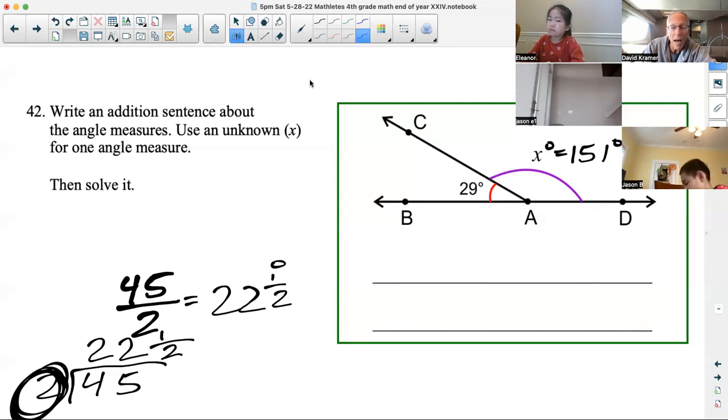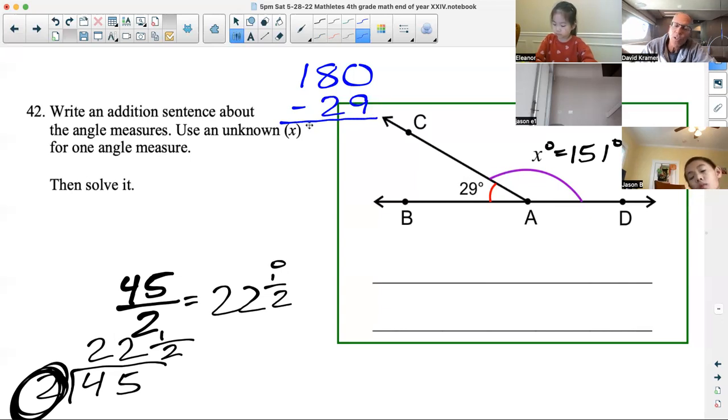Wow, I think that was the most beautiful explanation I've ever heard about subtraction. Now, let's write down what he just did, Eleanor. 180 minus 29. And we're going to use the standard algorithm of subtraction to do this.